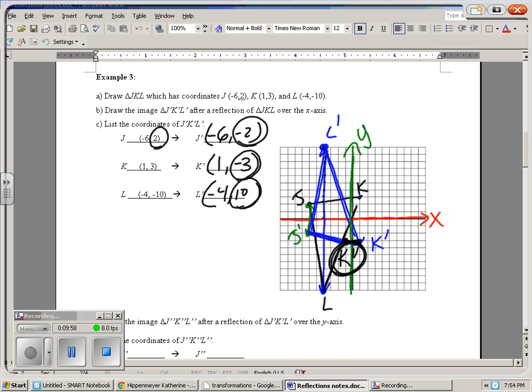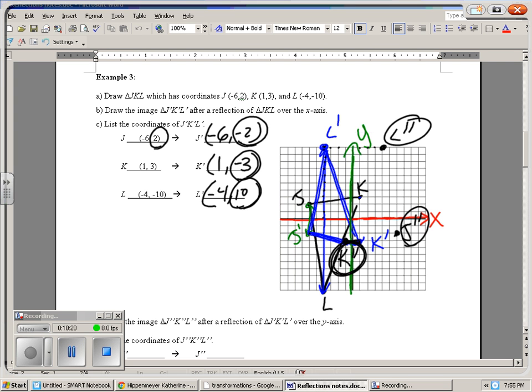Then we have J prime, which is 1, 2, 3, 4, 5, 6 to the left. So we're going to go 1, 2, 3, 4, 5, 6 to the right of the y-axis to make J double prime. Circle it again. And then finally, L prime is 1, 2, 3, 4 to the left. So I go 1, 2, 3, 4 to the right to make L double prime.